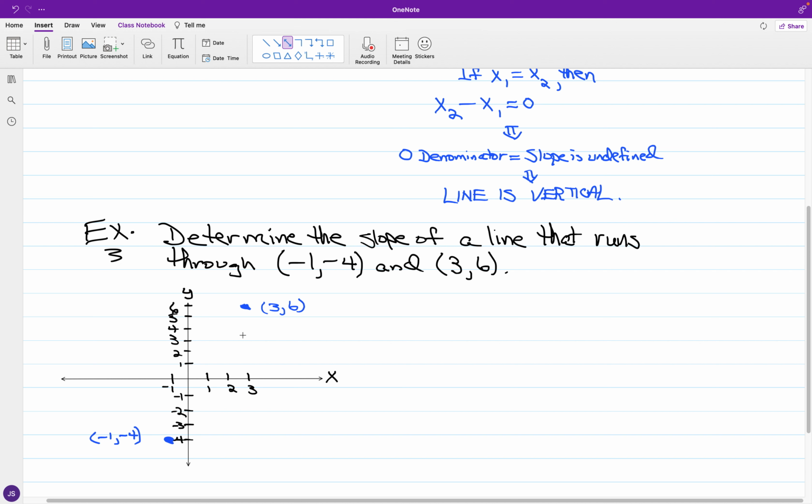And the line that's going through both of these points.